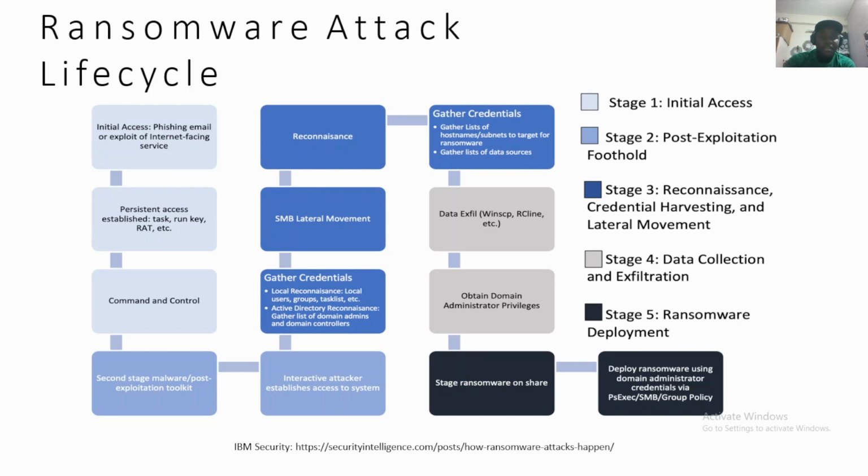If they get the data, they can extort you, publish your data, or shame you, with the consequences of such things. And maybe they will move on to stage 5, which is the ransomware deployment. It's not as commonly seen as in recent years, but nowadays it's the data theft that they're after.